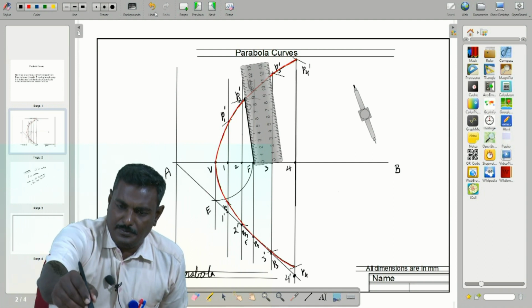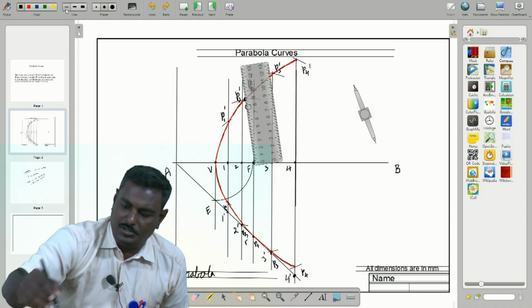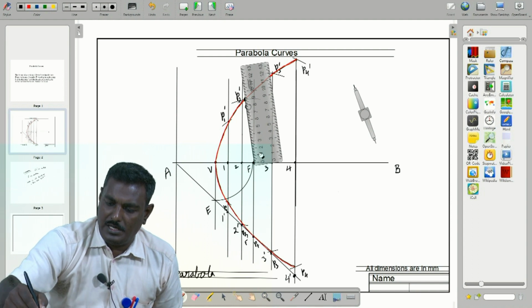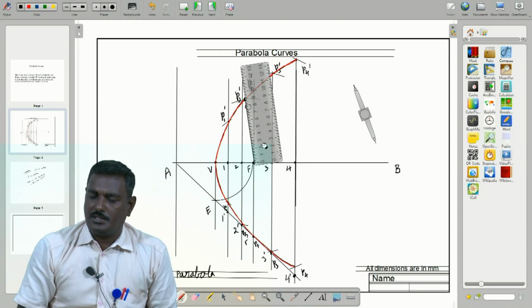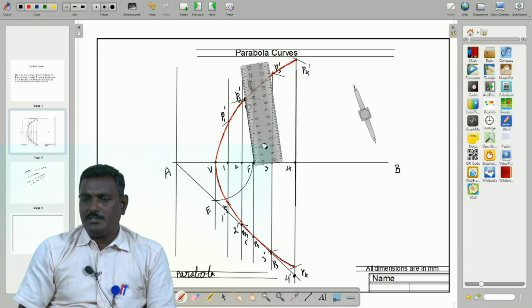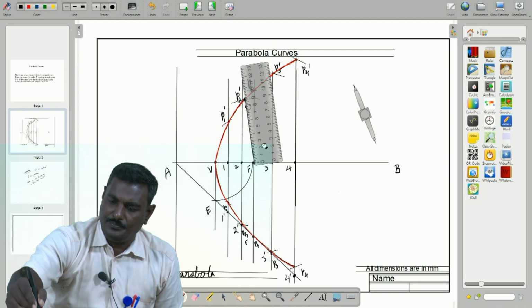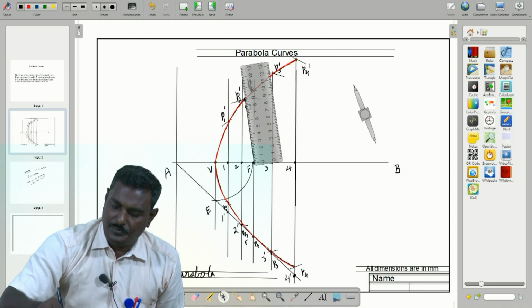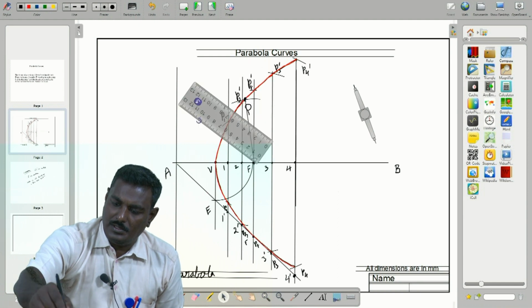After drawing this, you draw a perpendicular line from it.